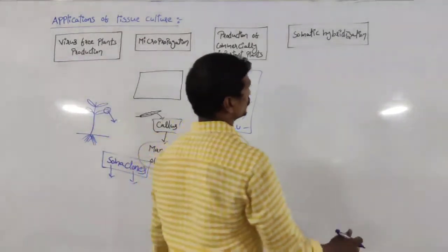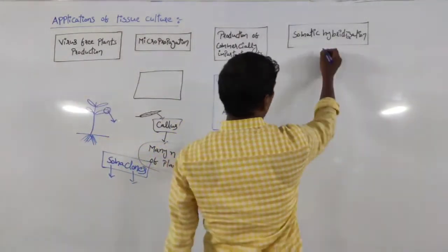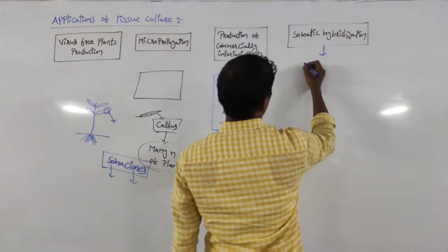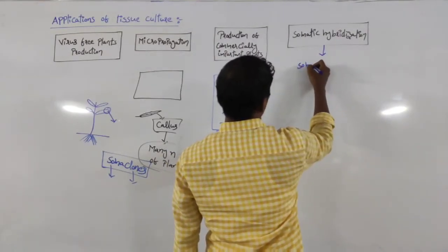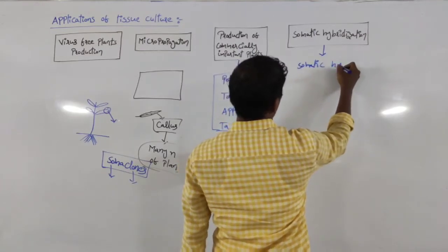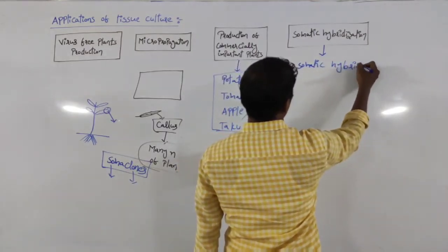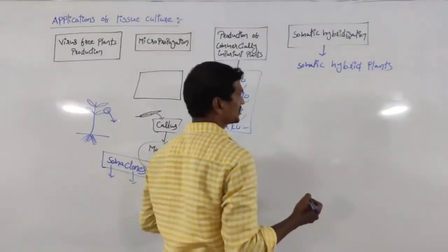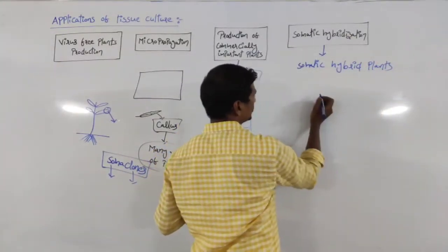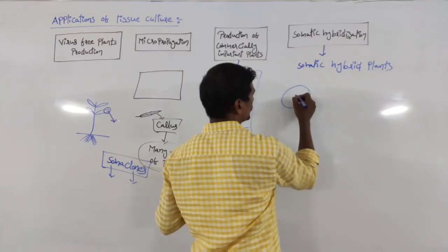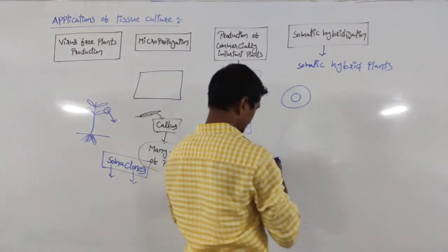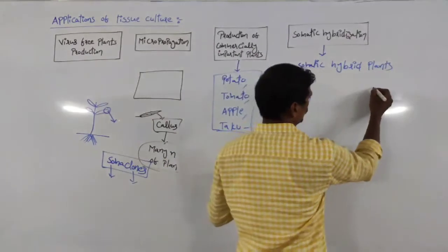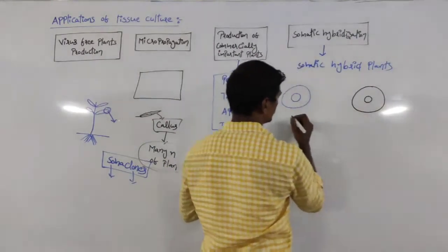And the next one is somatic hybridization, which produces somatic hybrid plants. How are somatic hybrid plants produced? We know there is a potato plant cell, and this is a tomato plant cell.